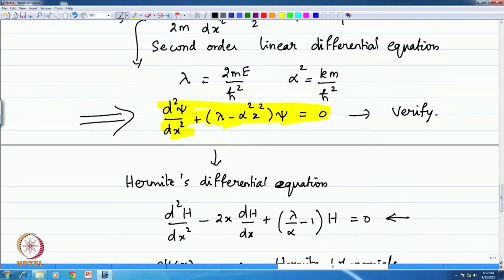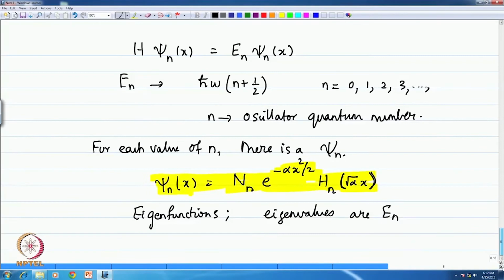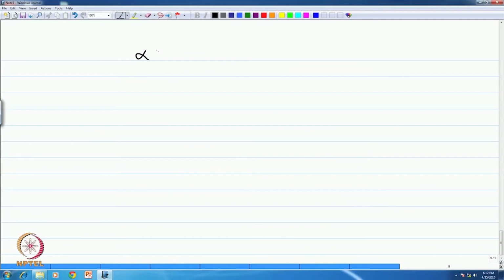Alpha square is km by h bar square. K is the force constant, which is mass t to the minus 2, multiplied by mass m, and h bar is mass length square t to the minus 1, but it is squared.